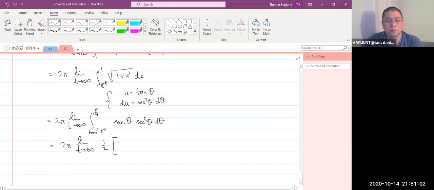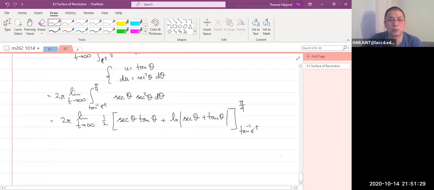1/2 secant tangent plus natural log. I factor 1/2 out. Secant theta plus tangent theta, from tangent inverse of e to the negative t to pi over 4. Cancel the 2.